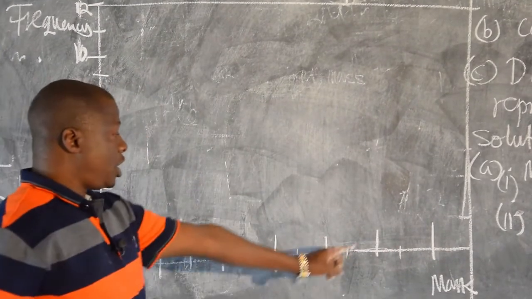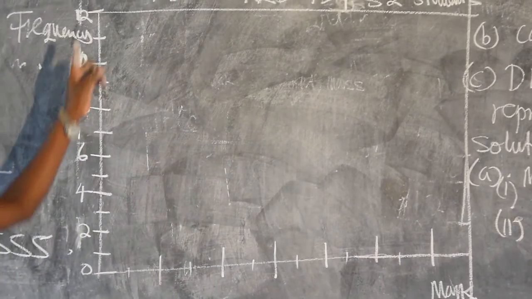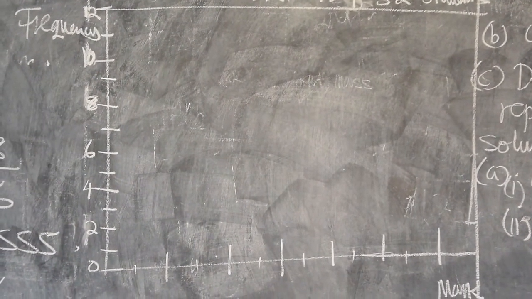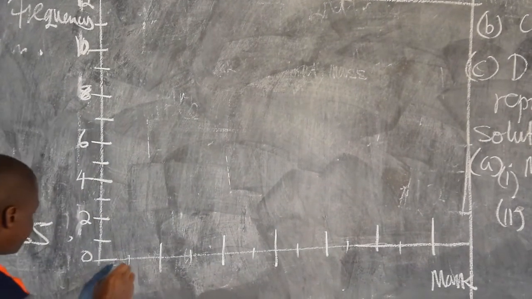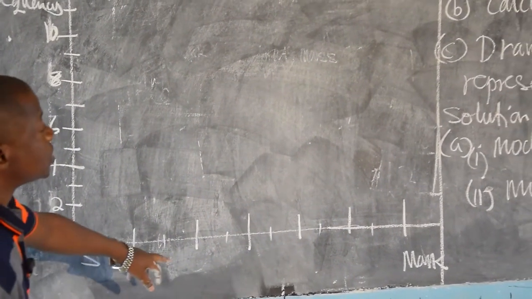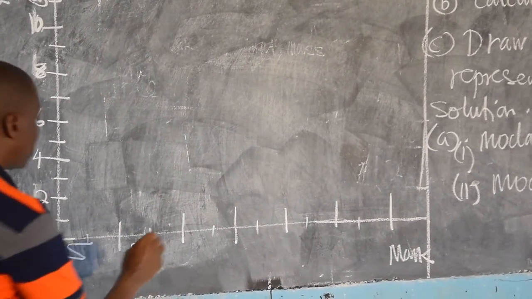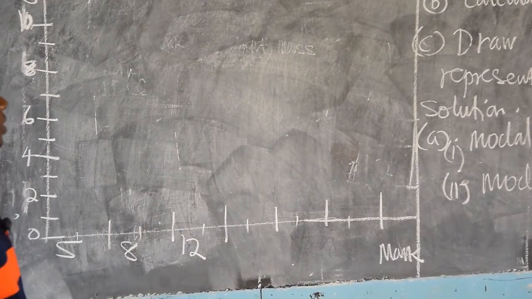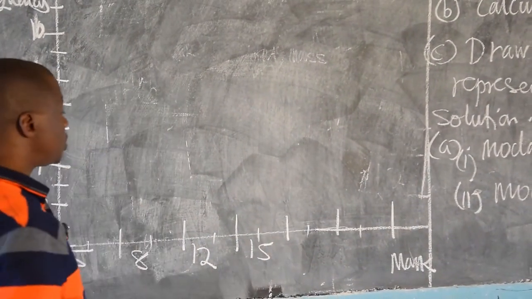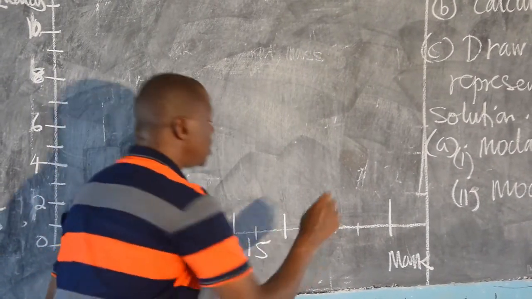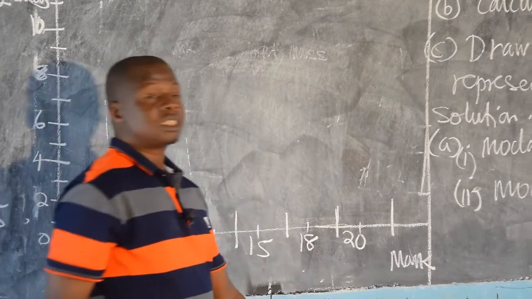Avoid writing x-axis here and y-axis there. Here we have 5. Next is 8. Next it is 12. The next part is 15. Next it is 18. Lastly, it is 20.